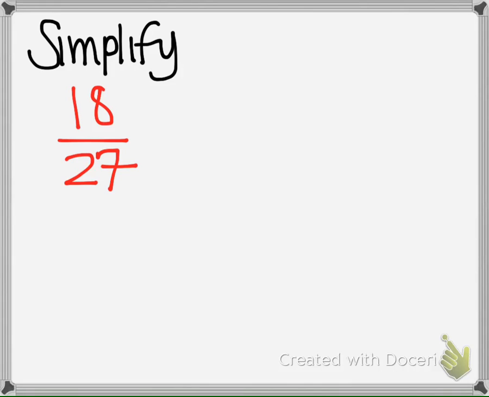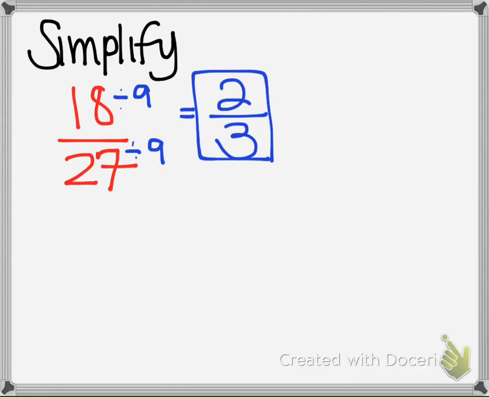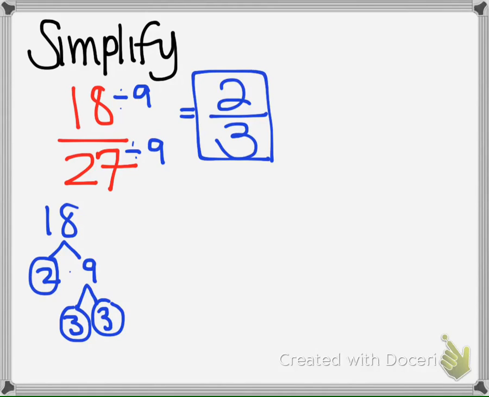Alright, here we have 18/27ths. One way is we can divide out whatever common factor it has, like 9, and we would get 2/3. So 2/3 is the same amount as 18/27ths. Again, another way to do it would be to make the factor trees, for 18 and 27.